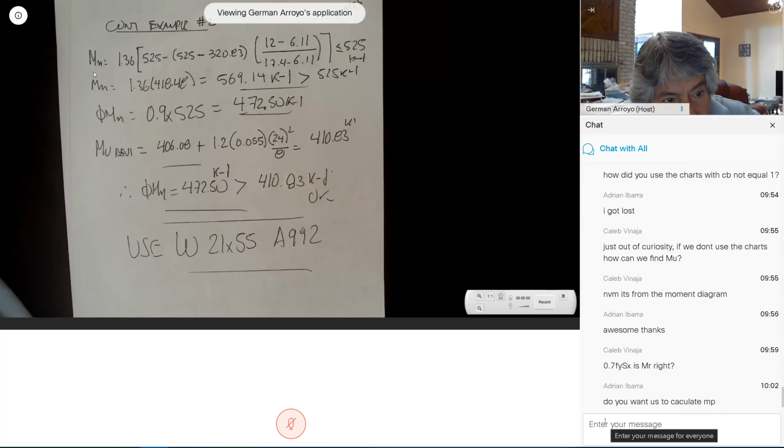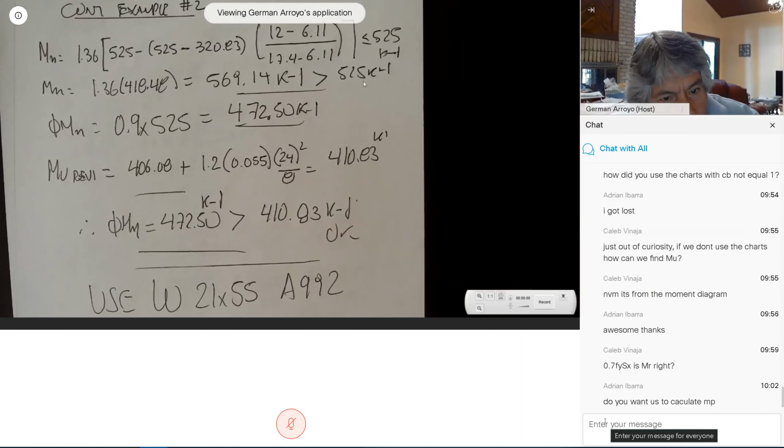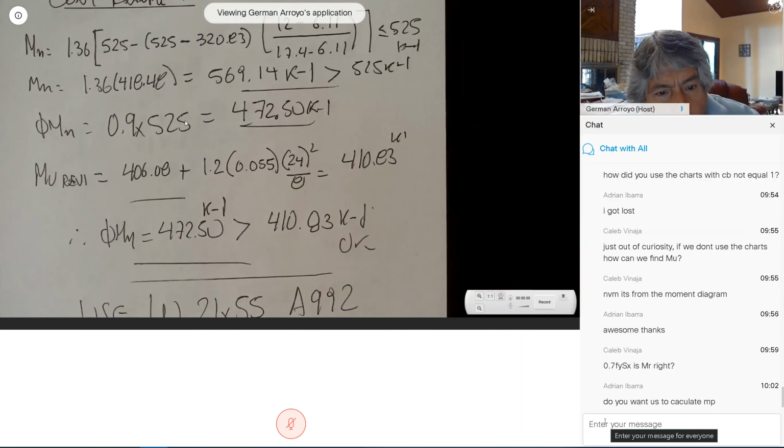So this is our nominal strength. I left this 418.48 in here, multiplied by 1.36, 569, larger than 525. So 525 controls. 0.9 times 525, 472.50.